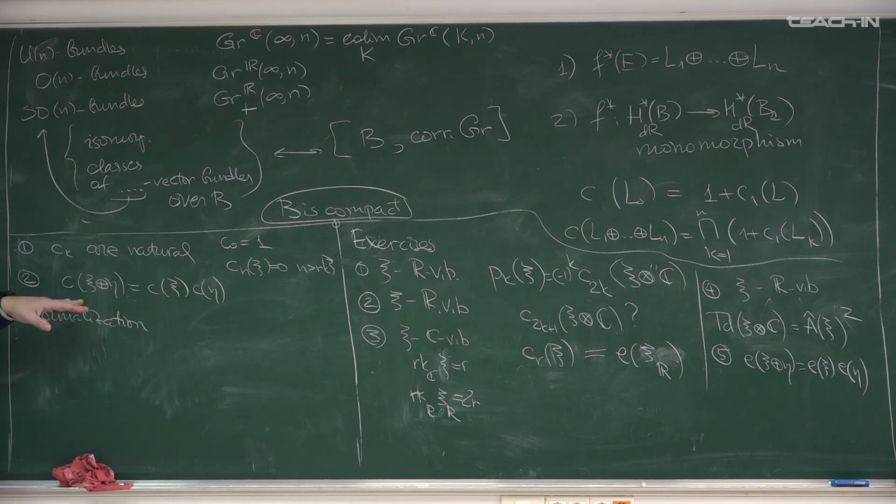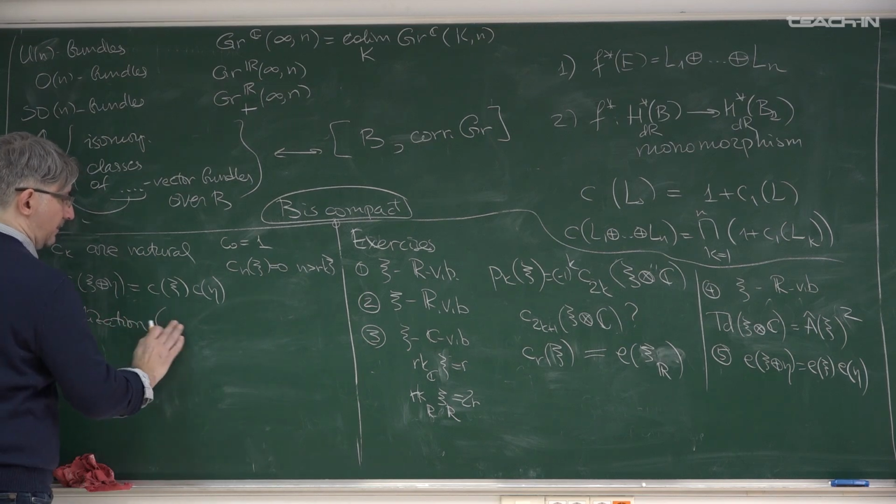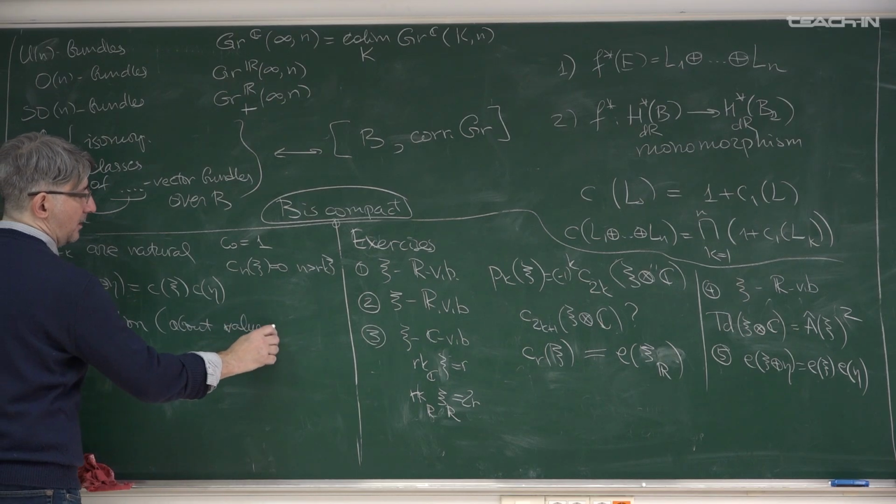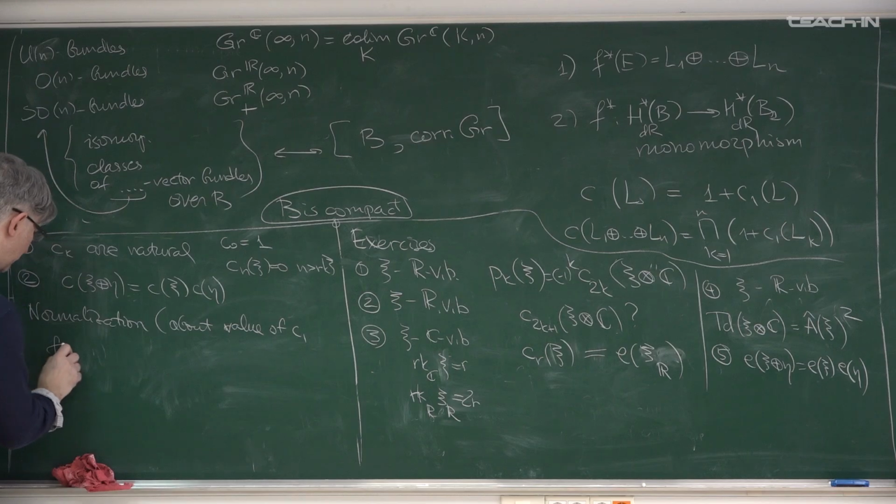Since every vector bundle is a pullback of a vector bundle, it splits into a Whitney sum of line bundles, so everything is defined by Chern classes of line bundles. A line bundle is a pullback of a line bundle over CP^n, CP infinity, and the normalization is about the value of C1 for gamma over CP1.